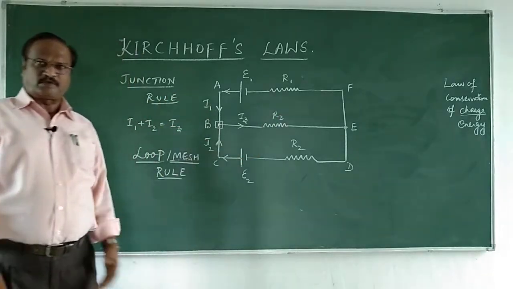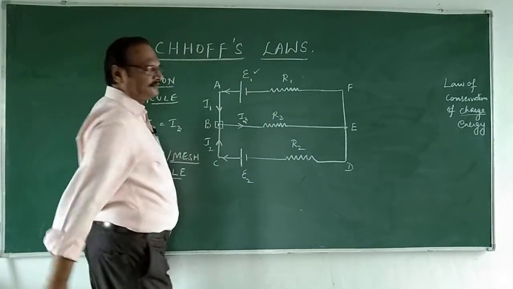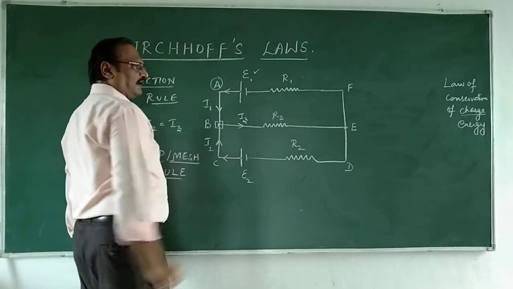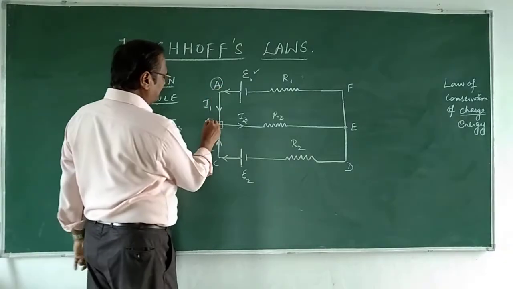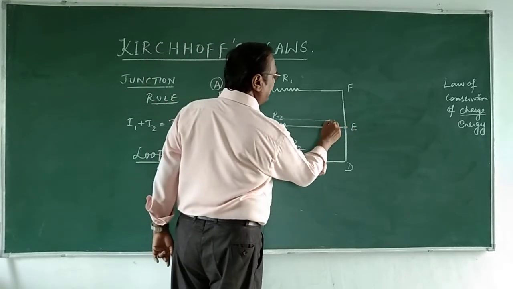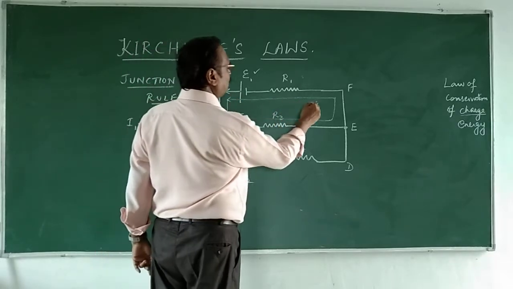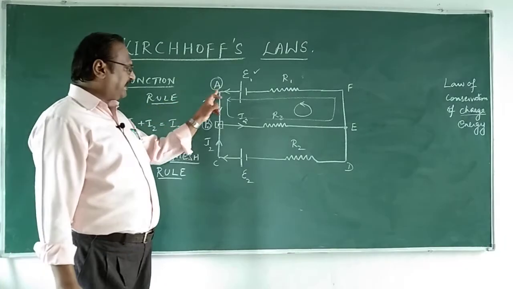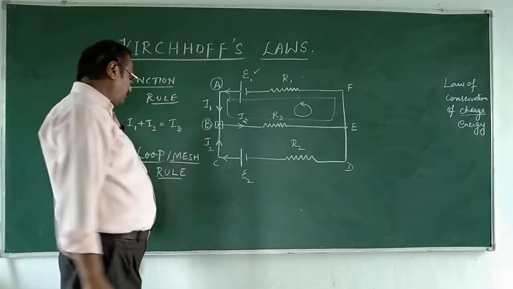I take the EMF of the cell, and that positive point is A. I start the loop at A, I come to point B, and I come slowly to E and then F, and I close the circuit, and this forms a loop. So the loop is A, B, E, F, A. This is one loop, right?